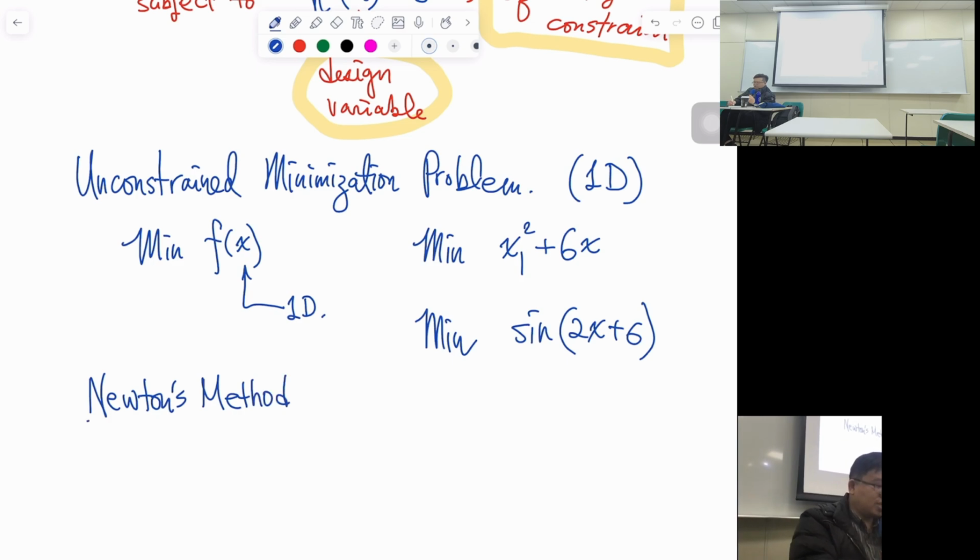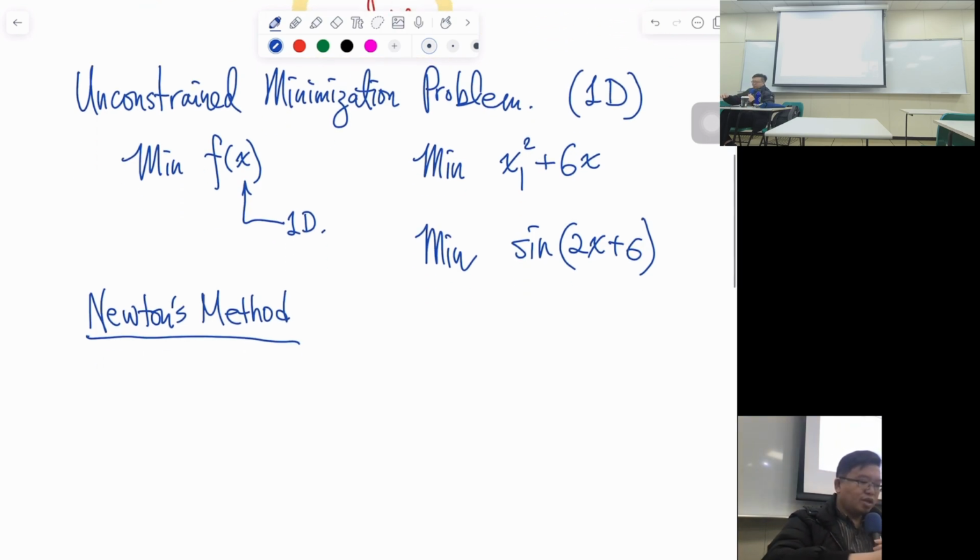So Newton did a lot of things in his career. And one thing he did was to teach us how to solve optimization problems. So the idea is that if you have a problem, we will approximate the function as a second order polynomial.